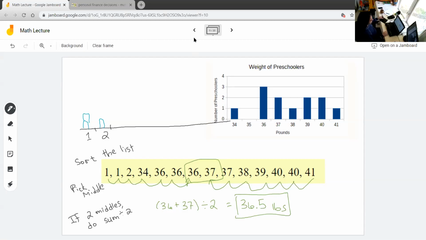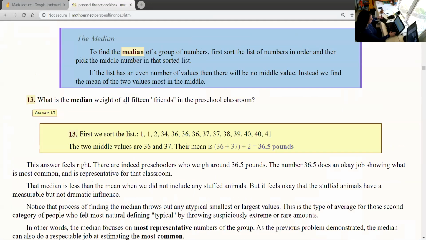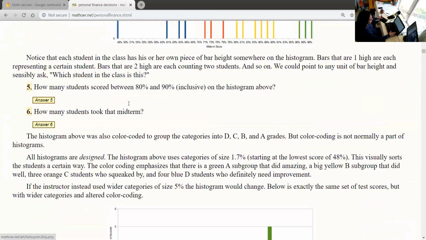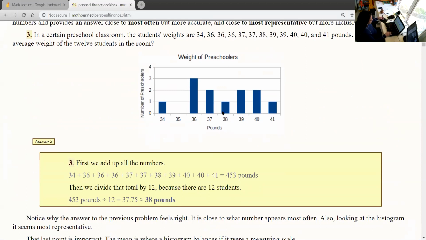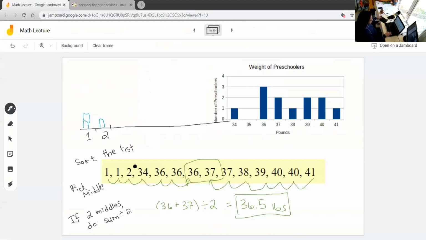So let's look at what happened. Before we stuck in the silly stuffed animals, the average was 38. Now we have another number, we're calling it a different kind of average, and it's 36.5. So we've gone down a little bit.